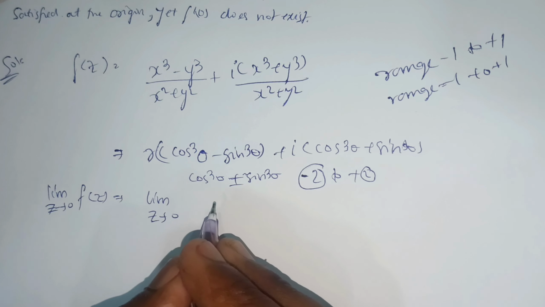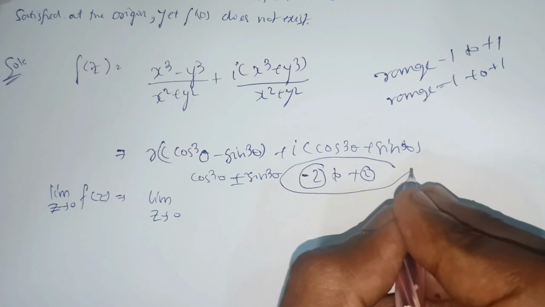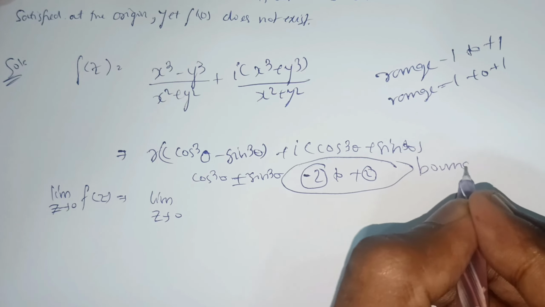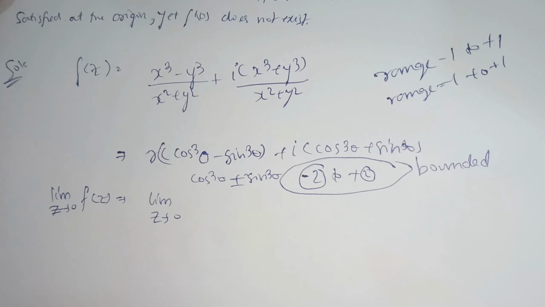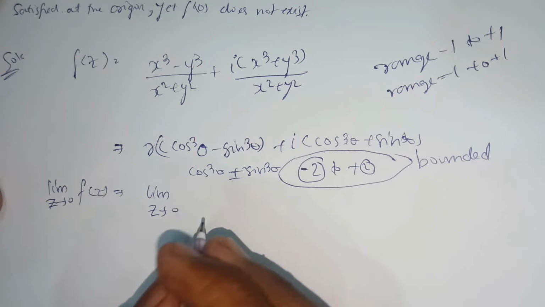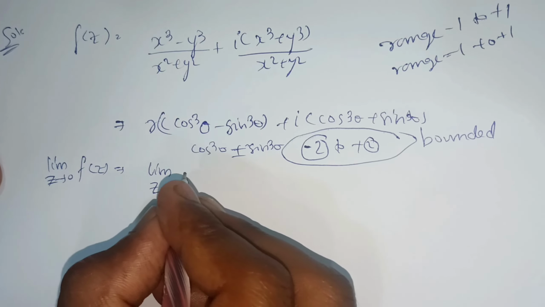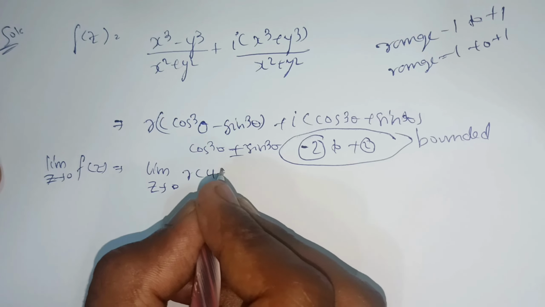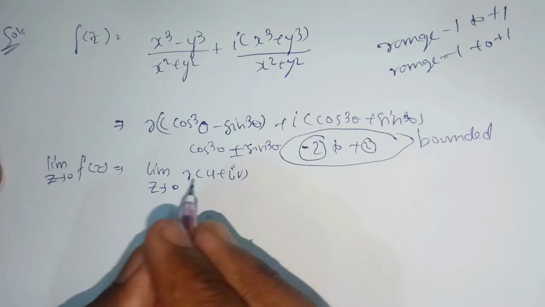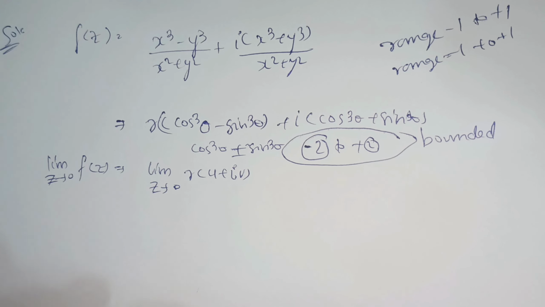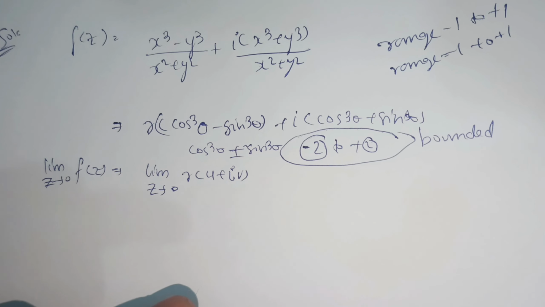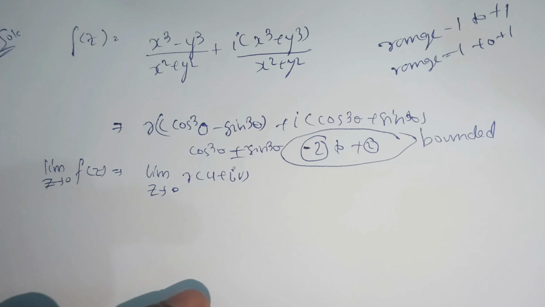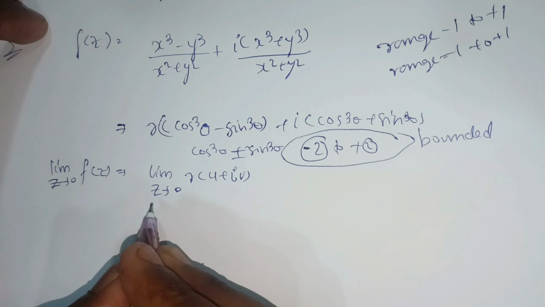Next, we should understand that it is bounded, that it has finite minimum and maximum values. So next we understand r into (u plus iv), where u is cos cube theta minus sin cube theta, and v is cos cube theta plus sin cube theta.